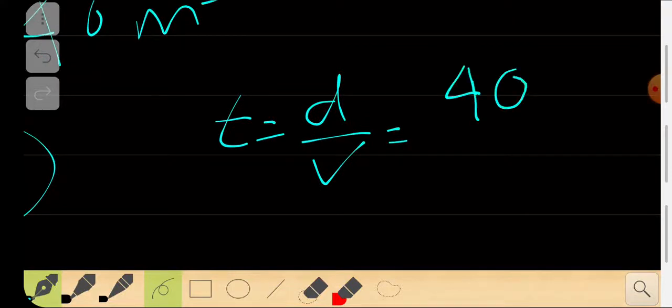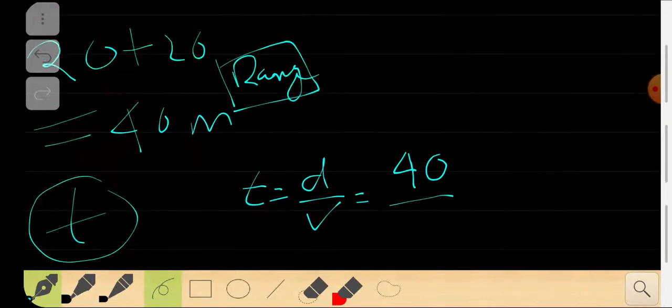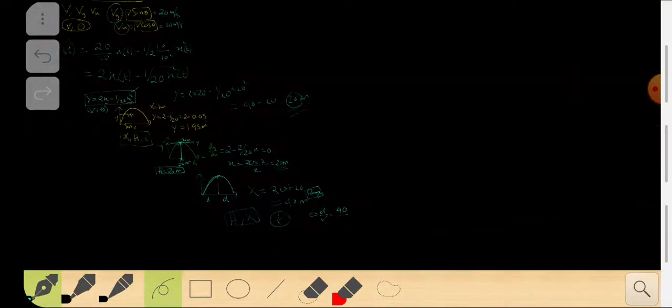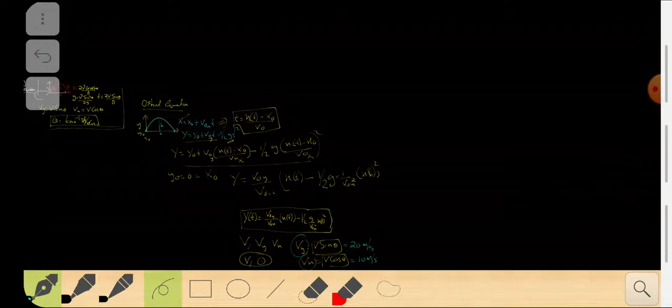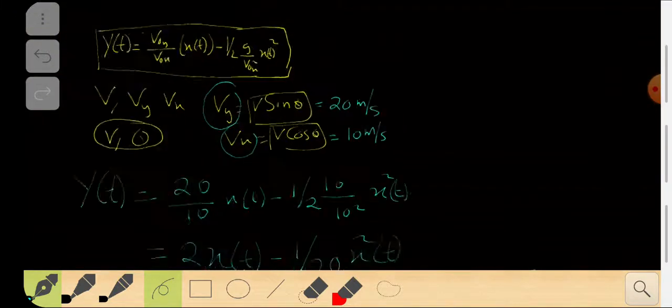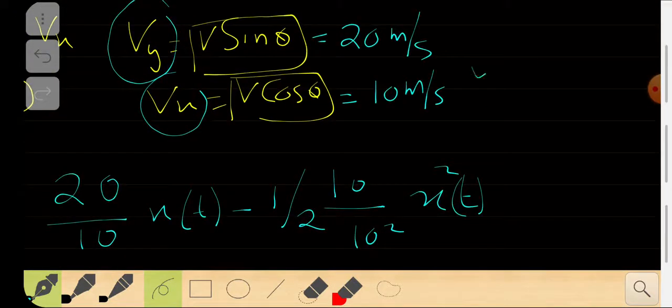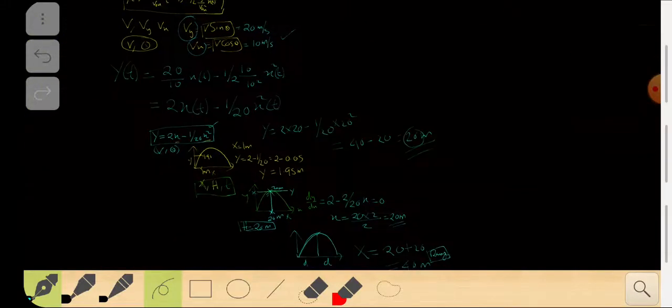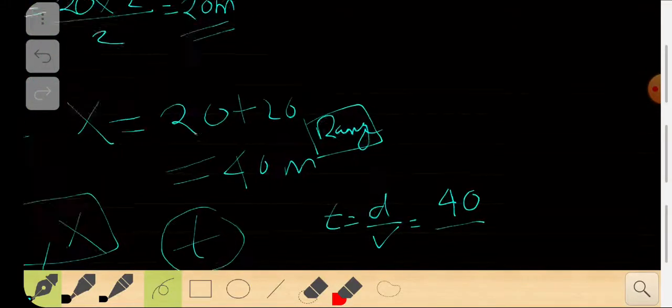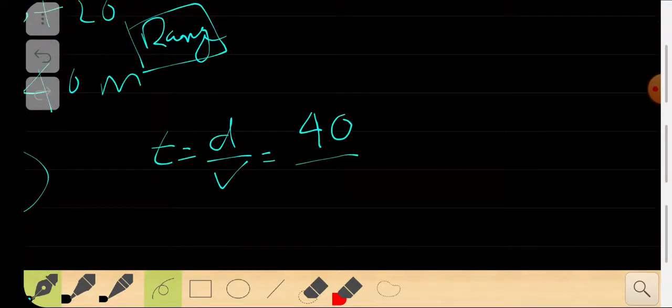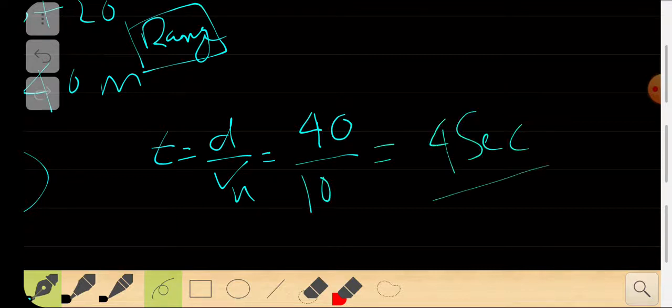And in the x direction, we started the problem with the assumption that the velocity was 10 meters per second. So we substitute that value: the velocity in the x-axis is 10 meters per second. So that is 4 seconds. The time of flight is 4 seconds.